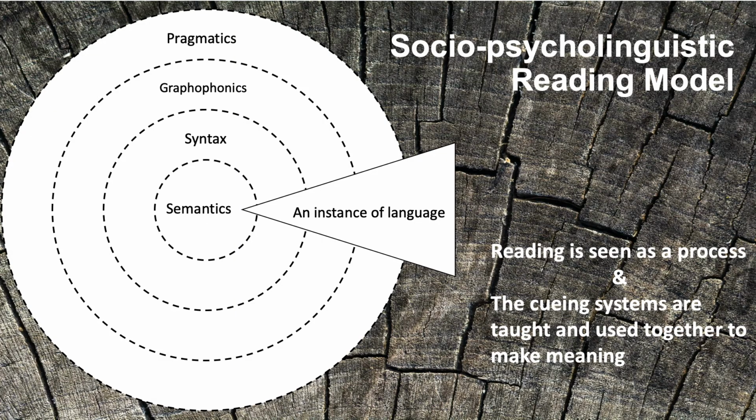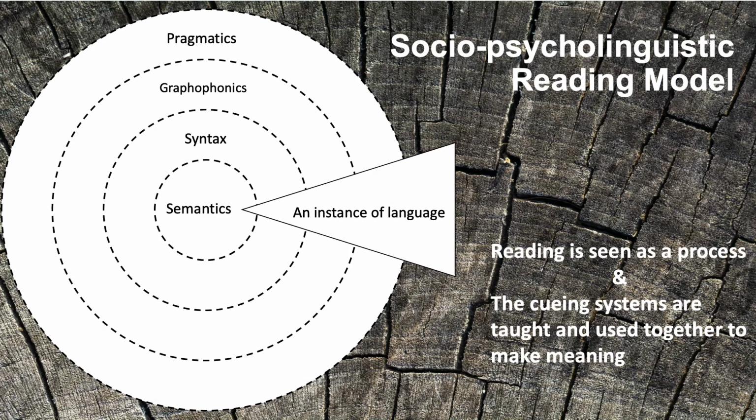And the really important thing here is that if you look at it, you need all four cueing systems. In some places, they don't have pragmatics. They don't talk about pragmatics as a separate cueing system, but as the milieu that literacy exists in, and I'm fine with that.